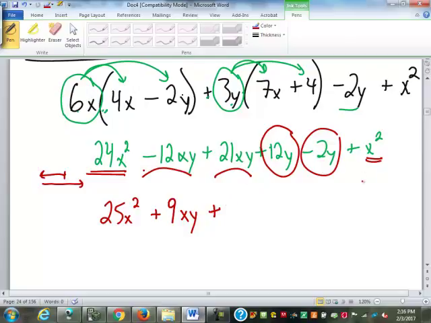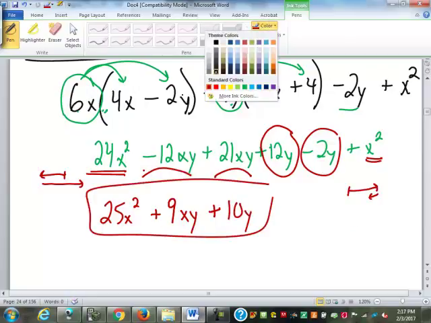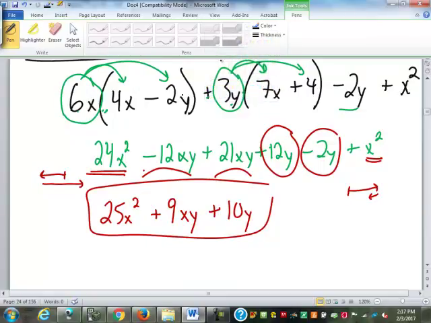What's 12 and negative 2 make? 10, there we go, 10y. Did anybody actually get that on their own before I did? Getting there? Okay.